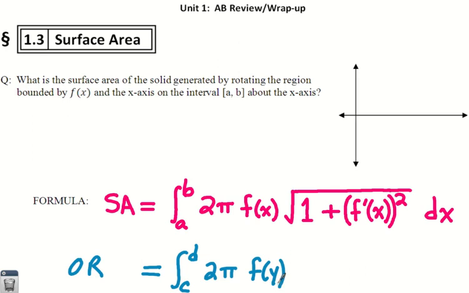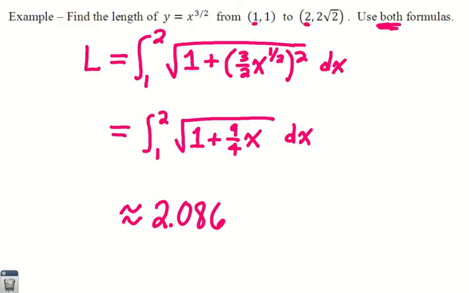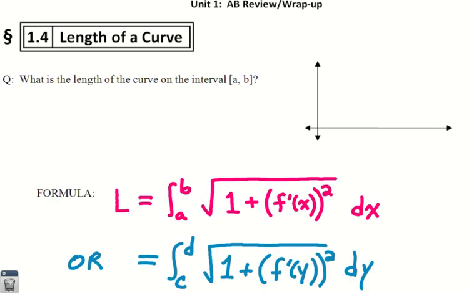So you'd have to solve for x. Just like here, if we were to do this problem the other way, we would be using those values, but we would also have to solve this function for x and end up, I think, with x equals y to the 2/3 power, probably. Don't quote me on that.